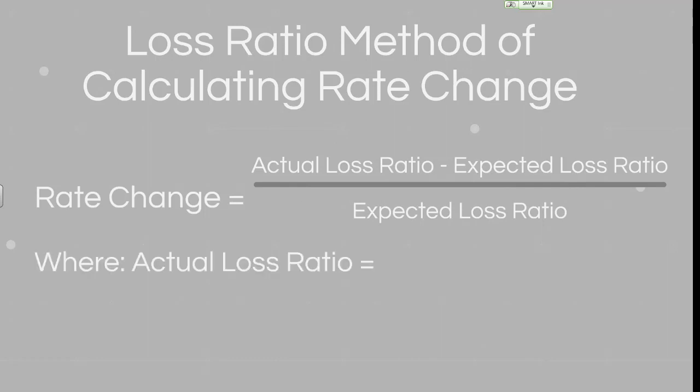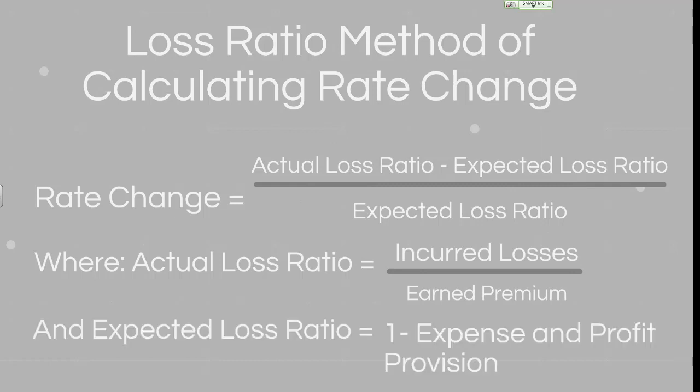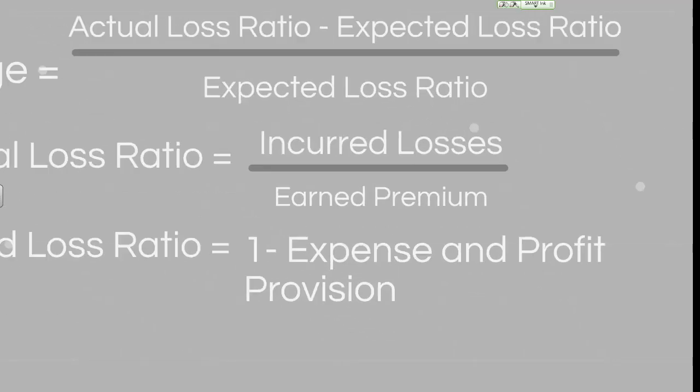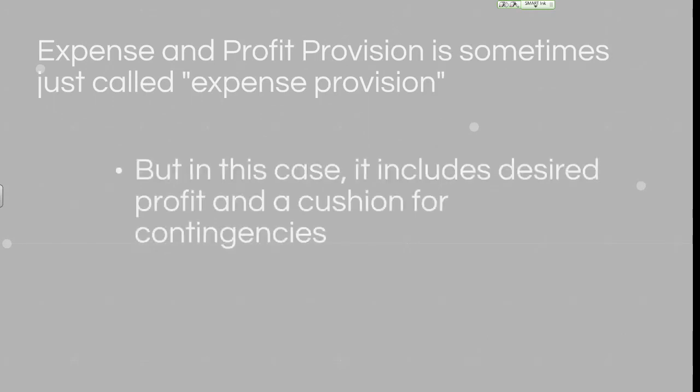The actual loss ratio is incurred losses divided by earned premium, and the expected loss ratio is 1 minus the expense and profit provision. Note that the expense and profit provision is sometimes just called the expense provision, but in this case, it does include the desired profit and a cushion for contingencies. And again, you should know how to calculate this.